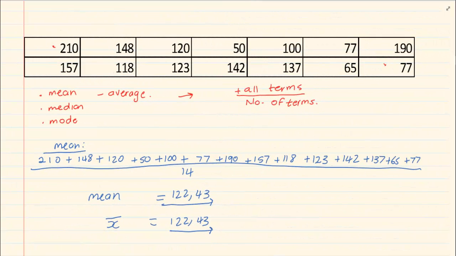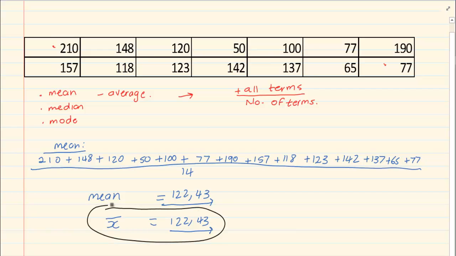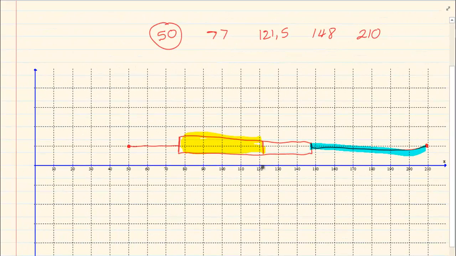We had calculated the average, and the average was 122,43. Now remember, the median was 121,5. So what happened now?